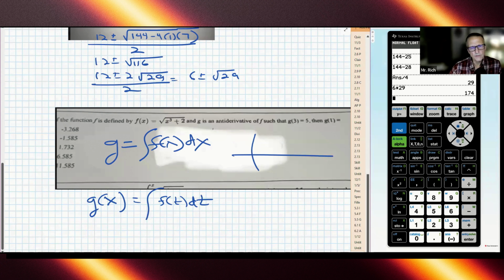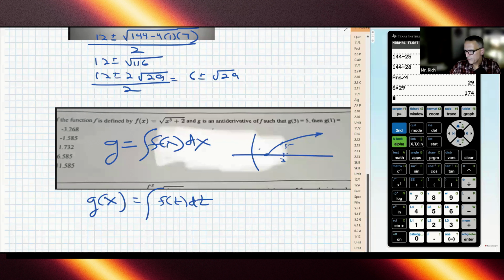This function, the square root of x cubed plus 2, has to be a function that looks something like this. And g is its antiderivative. So if you're over here at 3 and that's a 5, then g of 1, I'm not sure, Taylor. I got to think about that one. For some reason, that one got me.